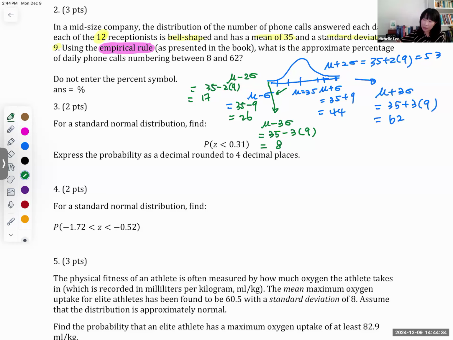So what percentage is that then? Does anyone remember? That is 99.7%. For your reference, in the middle we have 68%.